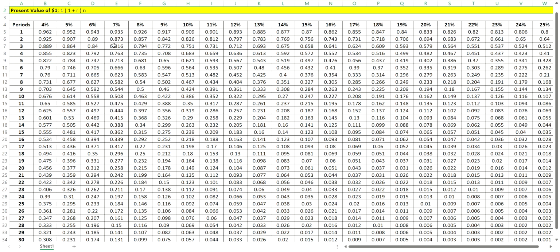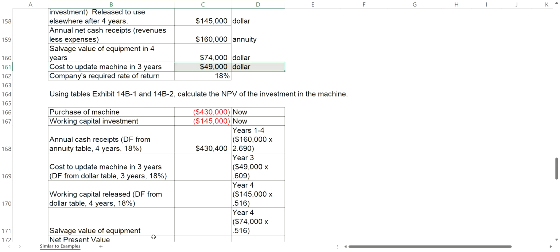So 3 years, go over to 18%, and that is 0.609. Okay, so you'll notice I did go ahead and write it out. So 3 years at 18% is 0.609 times 49,000. Now that's a cash outflow, so I'll put it in as a negative $29,841.